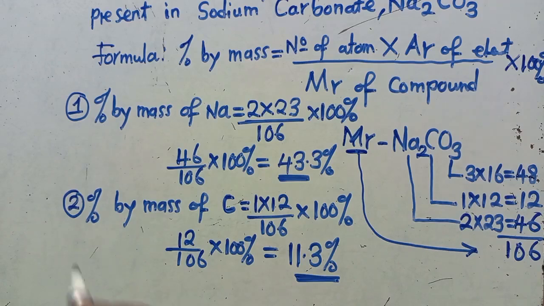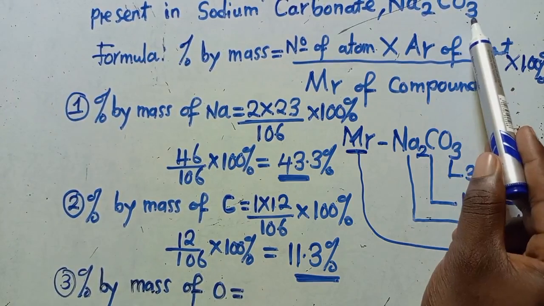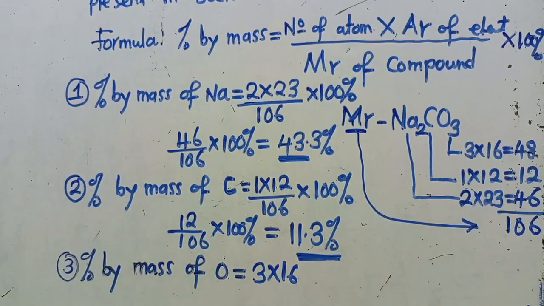We now move on to the last one. Percentage by mass of what? Oxygen. Oxygen, we've got how many atoms of oxygen? 3 of them. So we say 3 times the mass number 16 over what? Over 106.